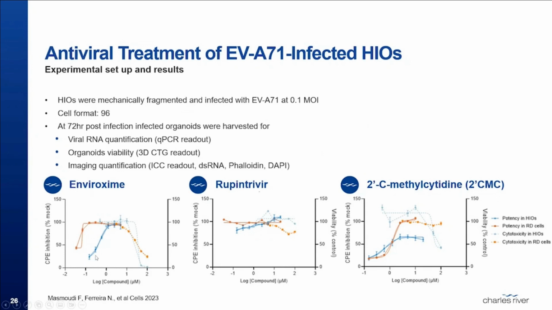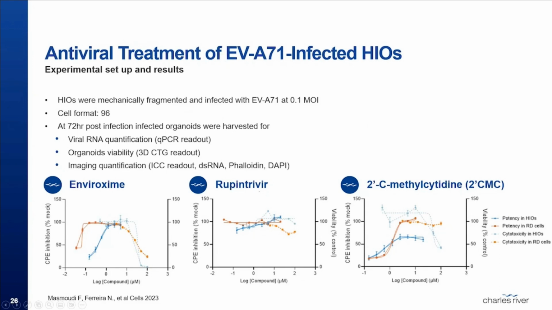And what you can appreciate is that for enviroxime, there is quite a big shift in terms of potency of this compound when treated in the organoids. And at this point, the activity of the compound actually starts to interfere with its innate toxicity.